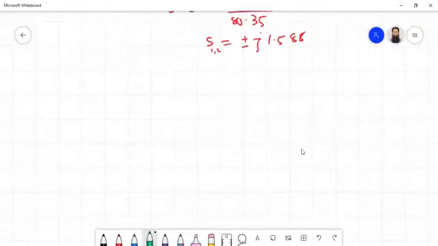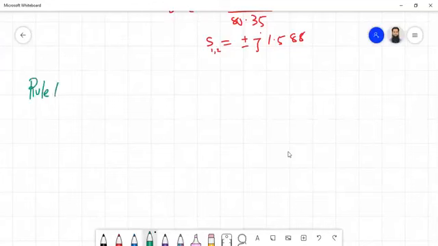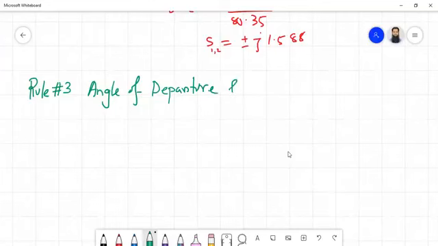Now next is the third rule. The third rule is actually angle of departure and angle of arrival. So rule 3, angle of departure and angle of arrival.